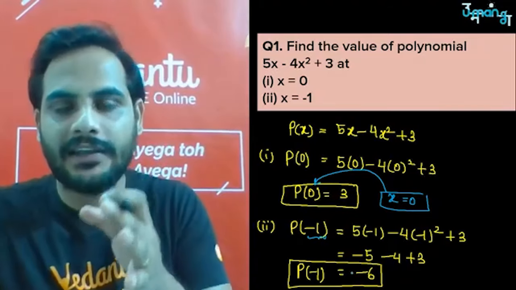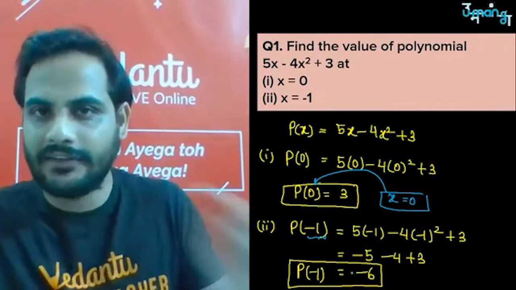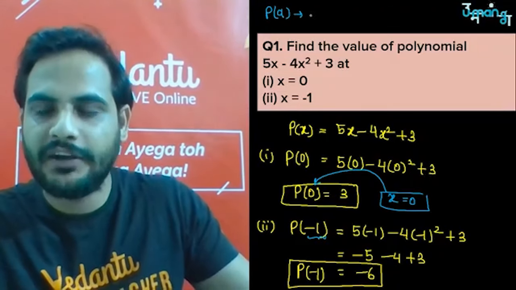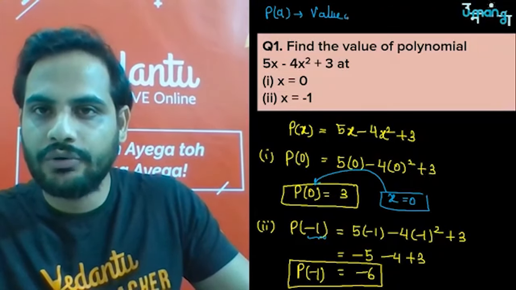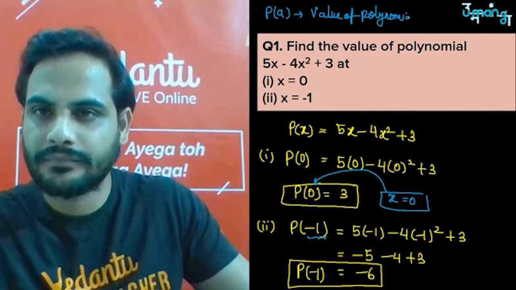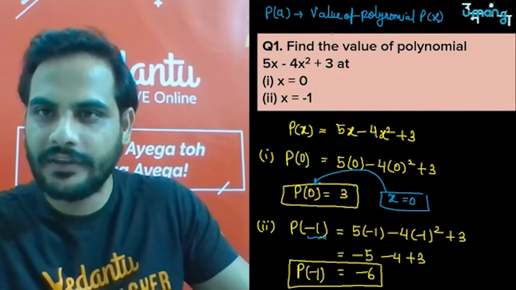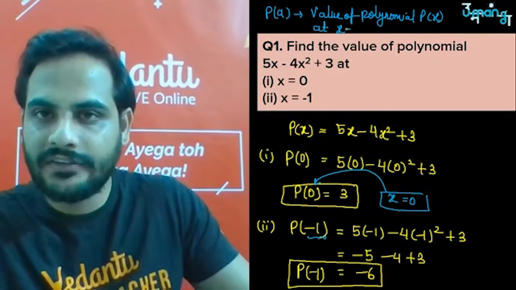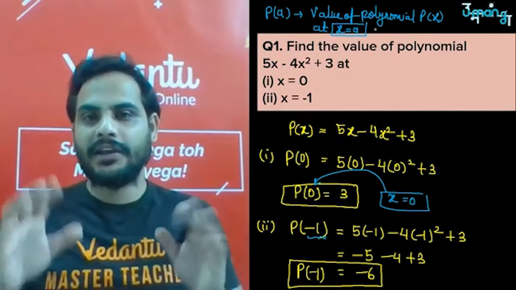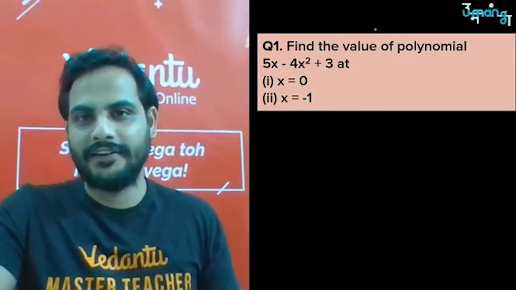So p of anything is the value of the polynomial at x is equal to that something. So suppose if I write p(a), it means the value of polynomial p(x) at x is equal to a. That is the meaning of this part, right? So now don't be confused about this part, right?